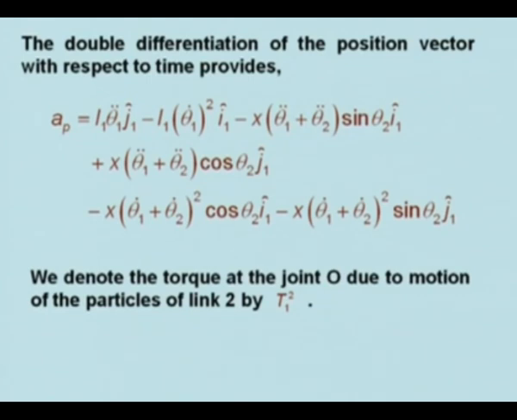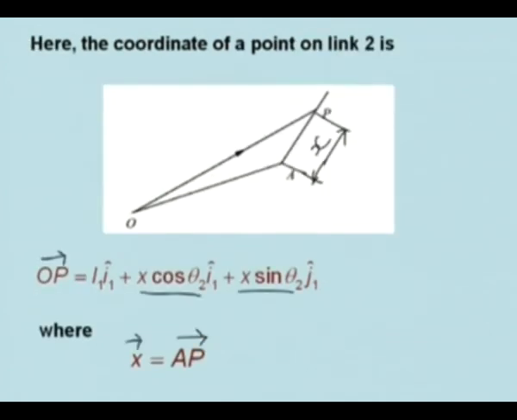Now we differentiate it two times, and in differentiation we have to understand that if we differentiate even I1 with respect to time, because it is rotating, it has to be written as theta 1 dot J1. So we have to follow the rules of differentiation.